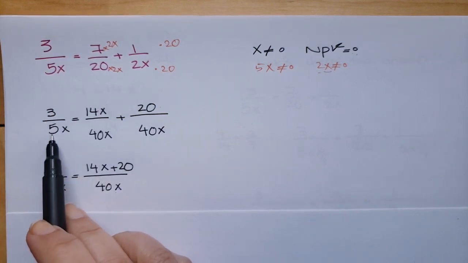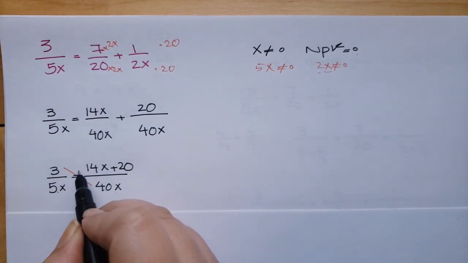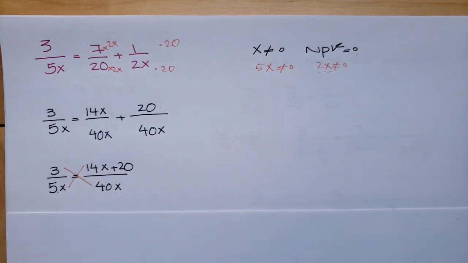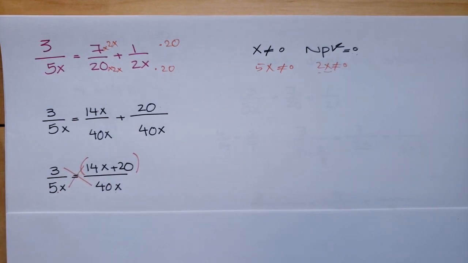And then on this side, I have 3 over 5x. The next step would be cross multiplication. So 3 multiplied by 40x would be equal to 5x multiplied by, remember, 14x plus 20. That's why I put it inside the bracket to make sure that 5x is multiplied by both terms.